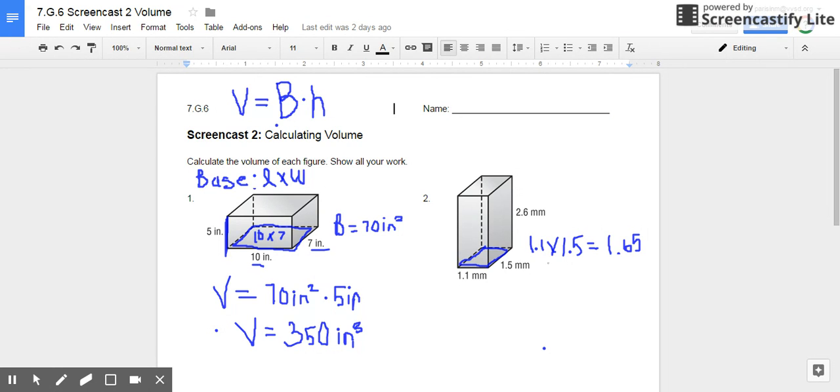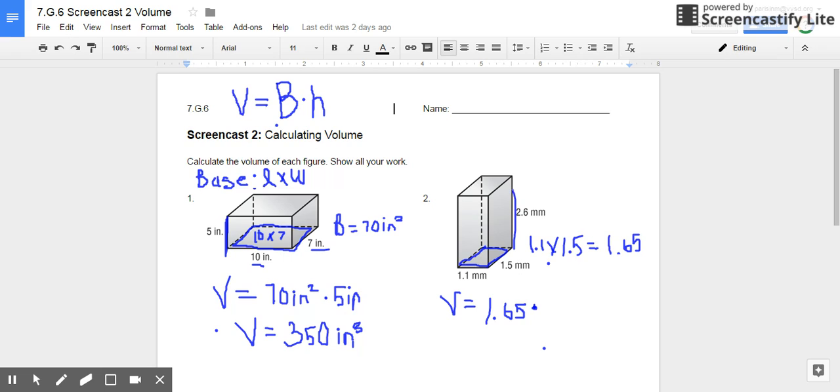Now we're going to find volume. So volume is the area of the base, which was 1.65. I'm just going to write my units at the end because it's pretty hard to write on here. So 1.65 millimeters squared, and then we multiply by the height of this prism.